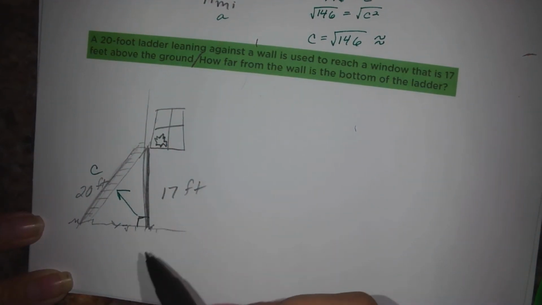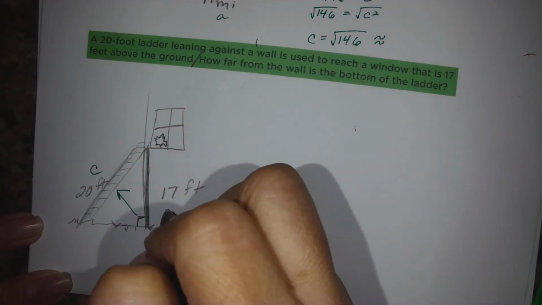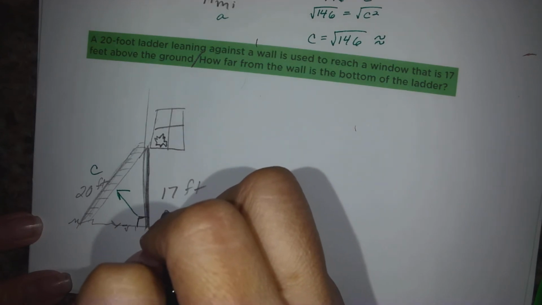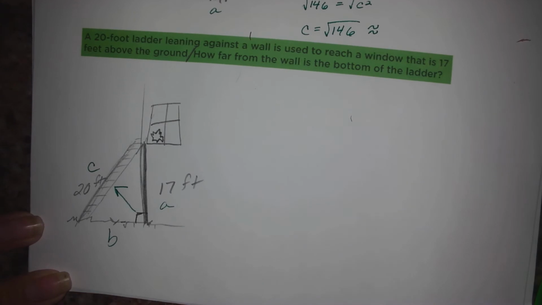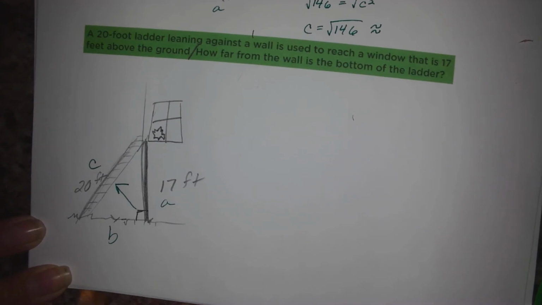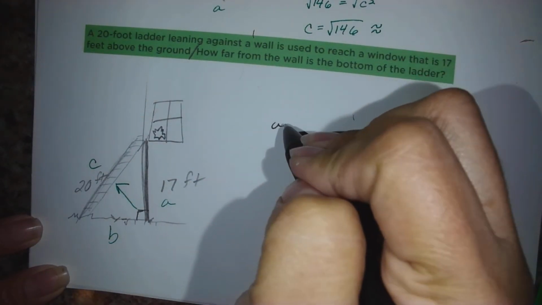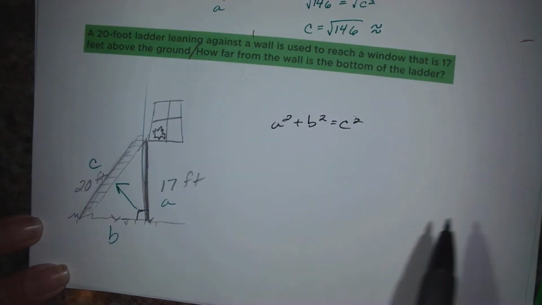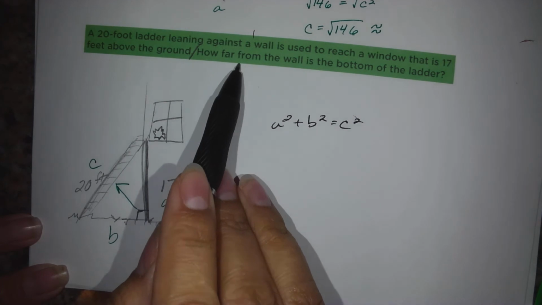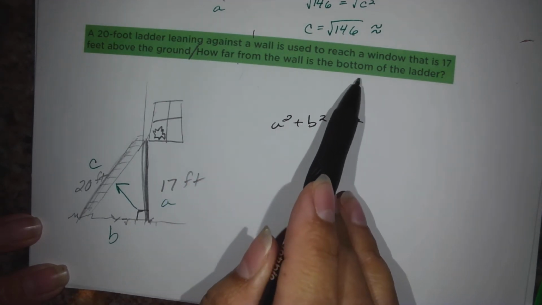Does it matter which one's A or B? No, it does not matter. So this could be A and this could be B. And then you're going to use your Pythagorean theorem for this. So A squared plus B squared equals C squared. How far from the wall is the bottom of the ladder?